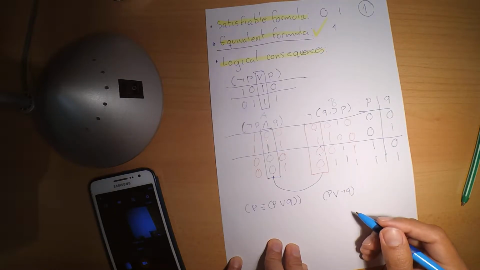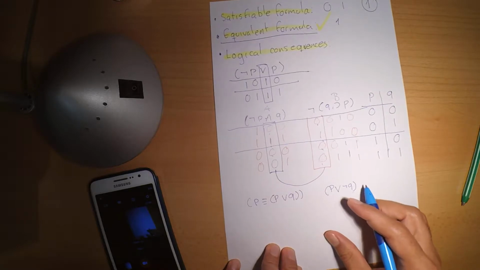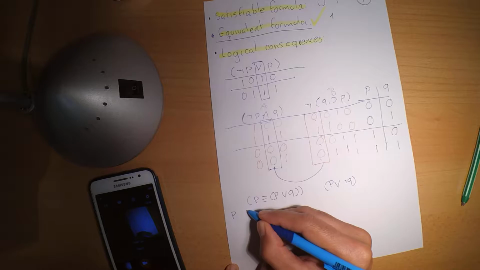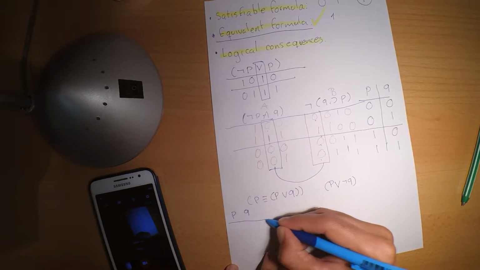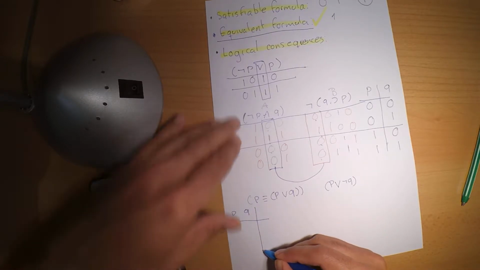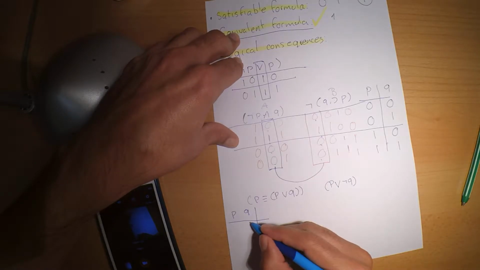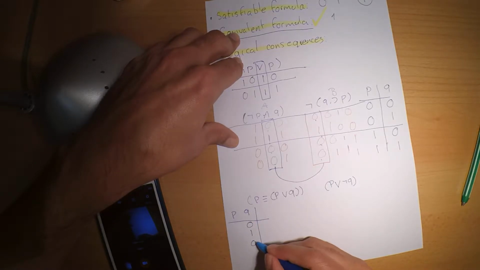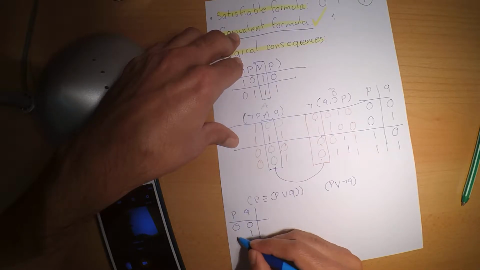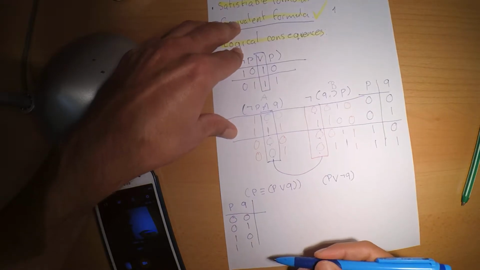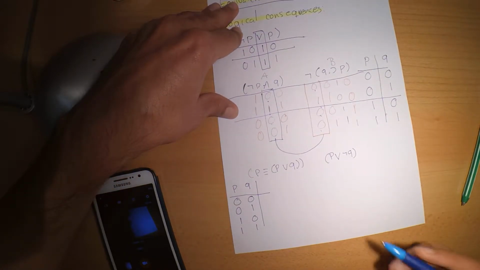is going to be the logical consequence of P disjunction negation Q. How come this is going to be? Let's make one truth table. In this truth table, we're going to put P and Q. Let's separate this with the values. Remember, here you start with 0, 1, 0, 1, and here is 0, 0, 1, 1, because there are just two elements, and here are all the possible answers.